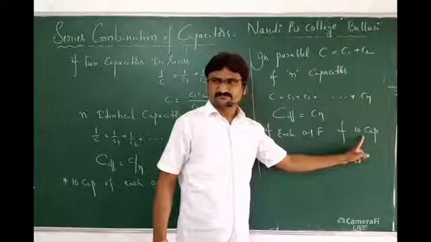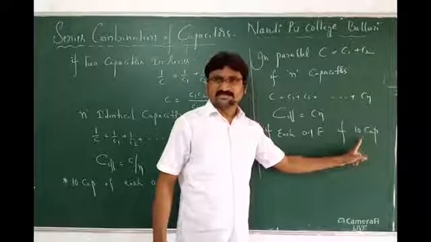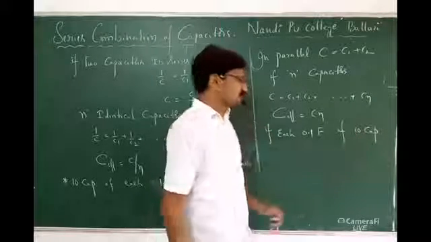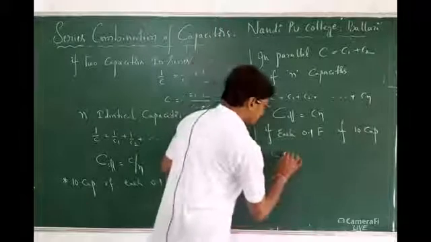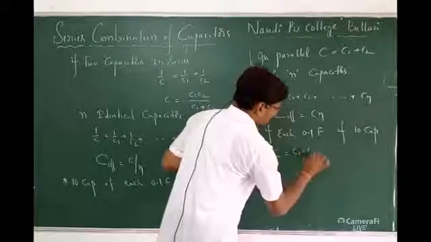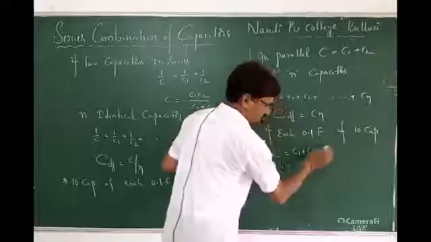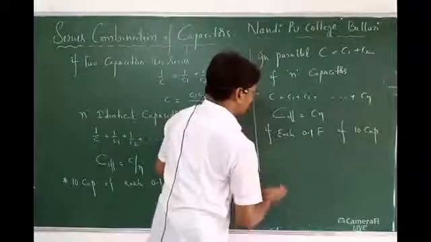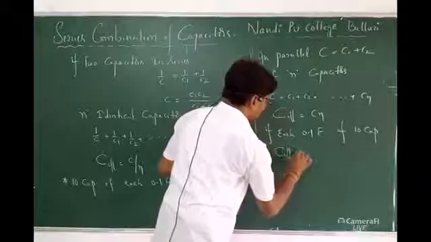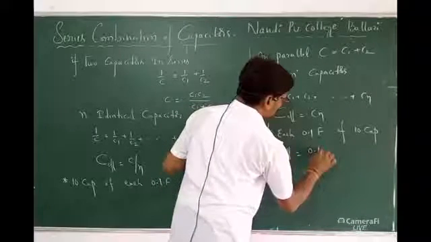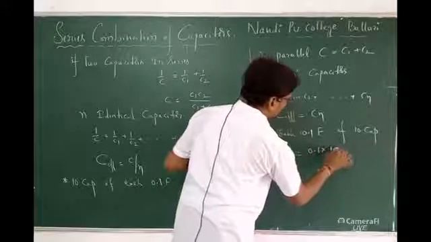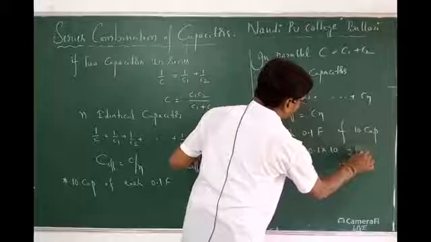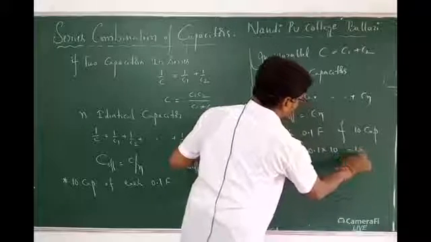So what is the total value now? C effective is equal to C value 0.1 into N value 10, which is 1 farad.